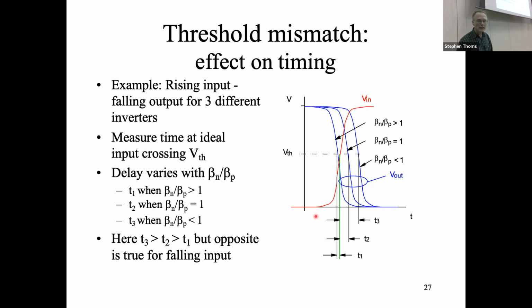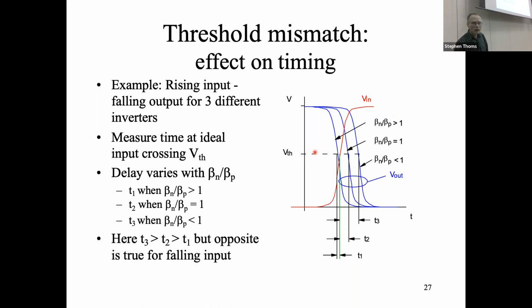So as the rising input reaches each of those three inverters, remember that the inverter starts to change when the input signal goes up beyond the threshold for that particular inverter.